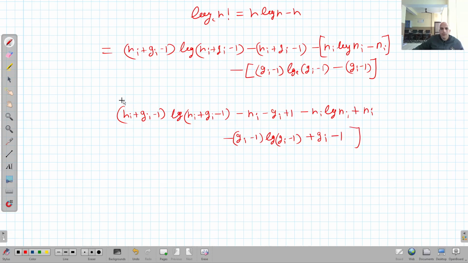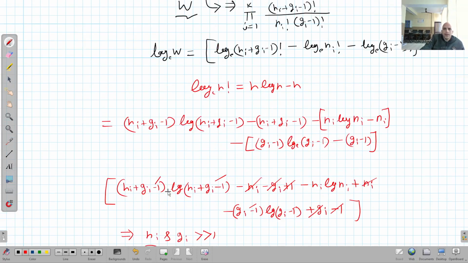Clear? So now it becomes this after expanding. So some terms, Gi cancelled, Ni cancelled, 1 to 1 cancelled. Now we know both Ni as well as Gi are very large as compared to 1. So I can drop 1 from here, here, here, all these factors, right? So then when I drop all these factors, it will give me this.